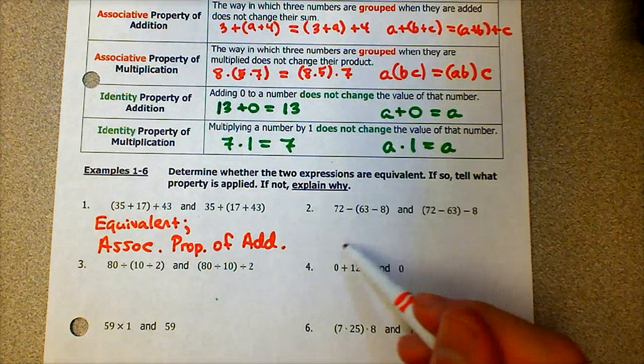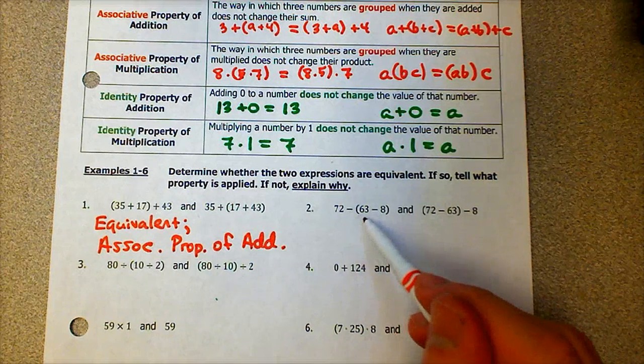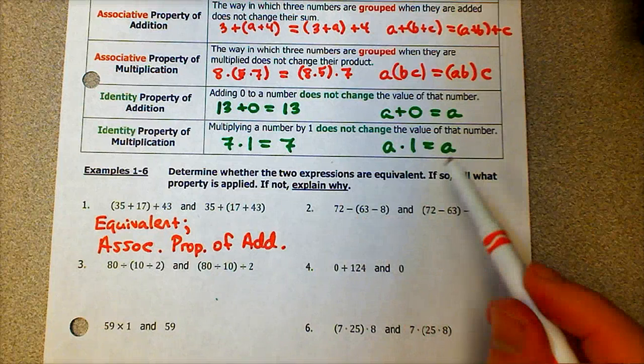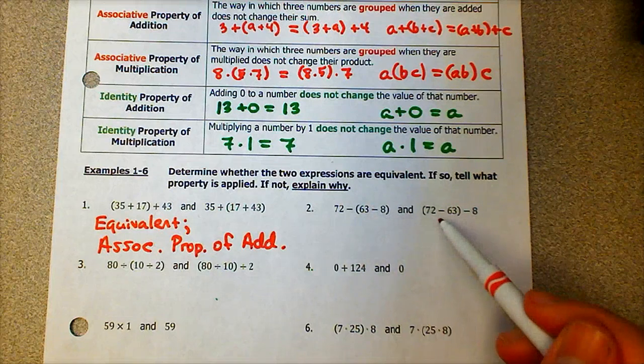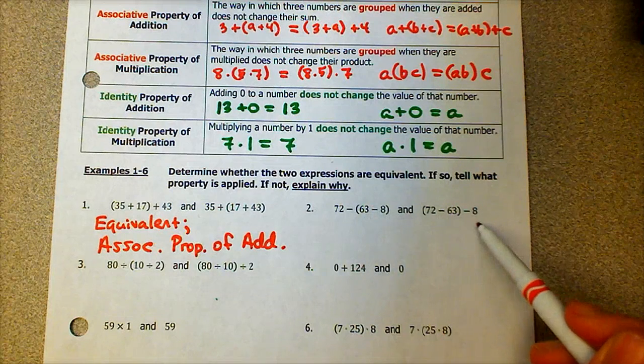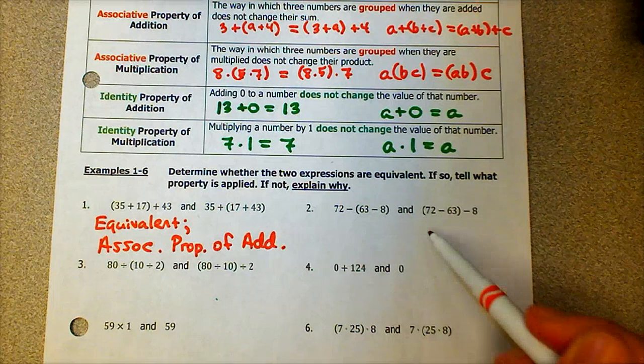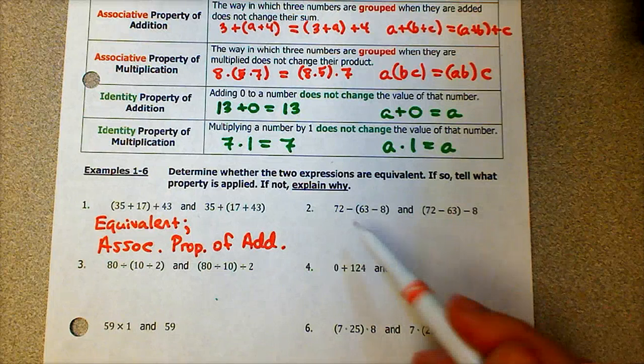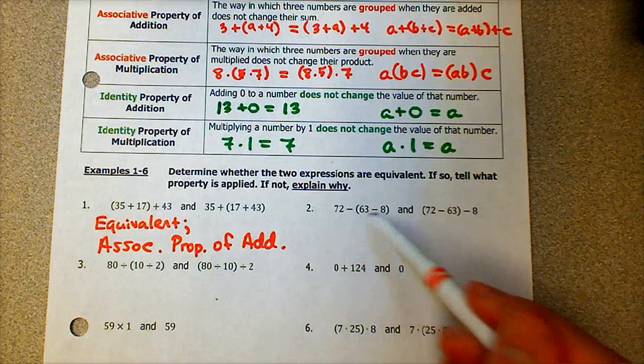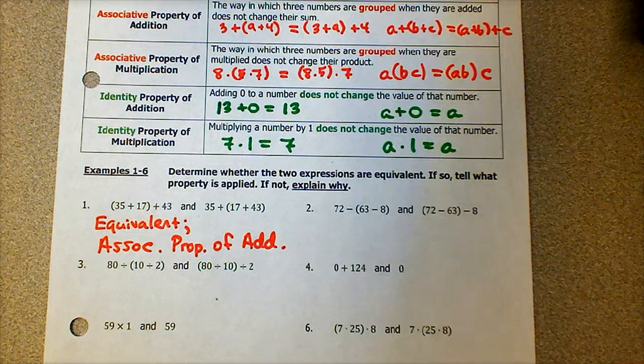Number 2, we have the quantity 72 minus 63 minus 8, and then 72 minus the quantity 63 minus 8. This looks like an example of the associative property, like number 1, except that we're using subtraction and not addition. Remember, subtraction does not have an associative property, so these would not be equivalent.